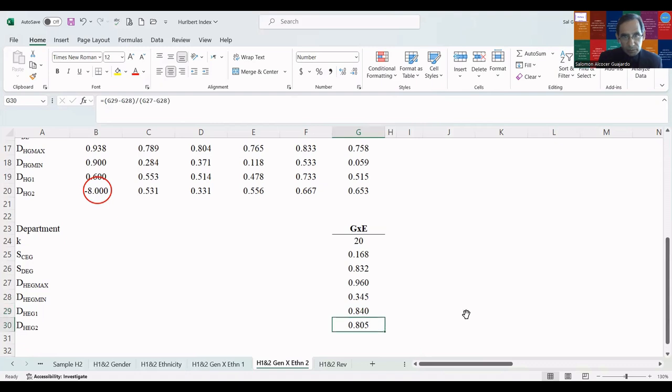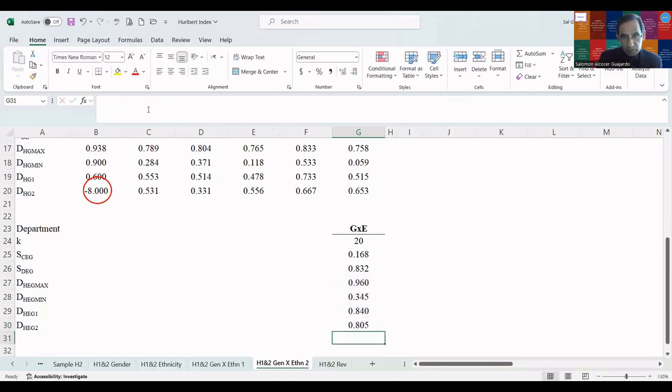And again, in order to obtain the relative diversity score, it's going to be the Hurlbert diversity score of 0.840 minus the minimum value of 0.345. I'm going to divide that by the maximum value minus the minimum value. So that's going to be 0.960 minus 0.345.